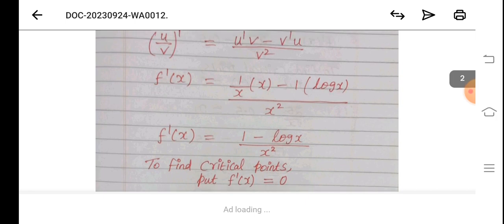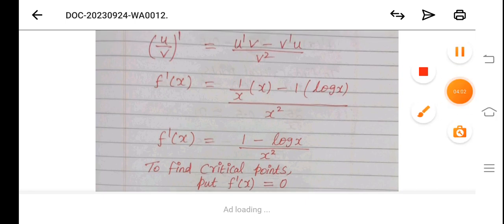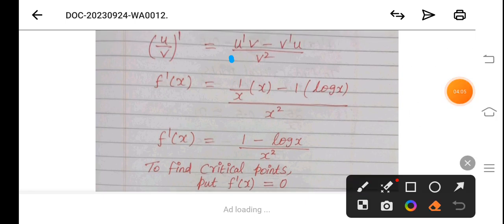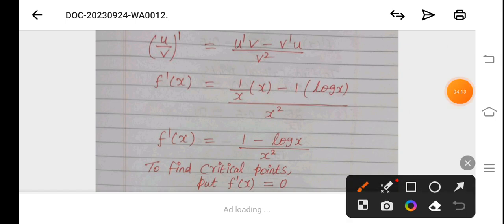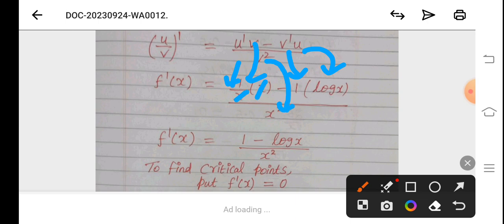Start applying: u dash is 1 by x, v is x, minus v dash is 1, u is log x, divided by v square, which is x square. The x and x cancel and you get 1.